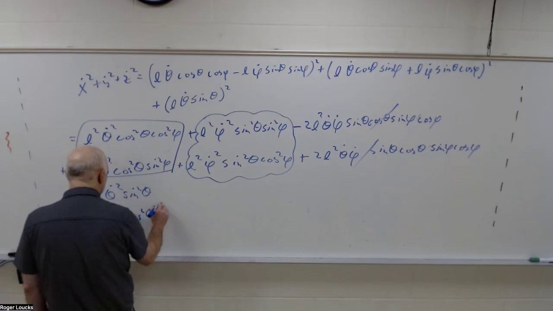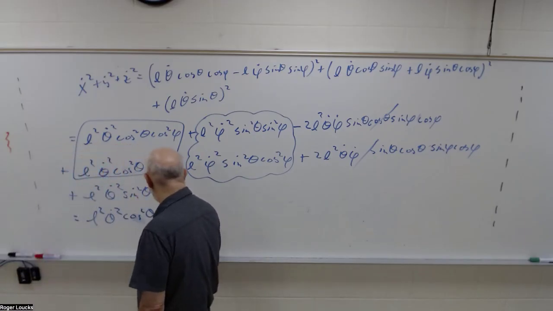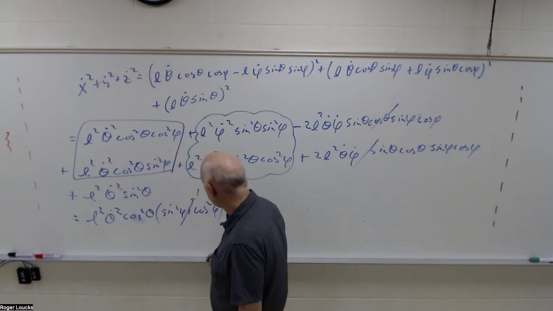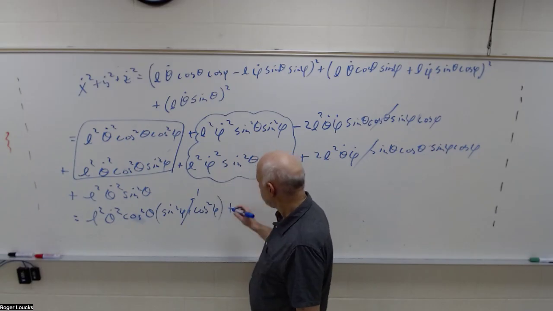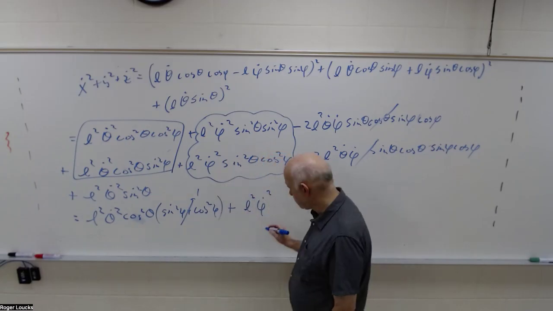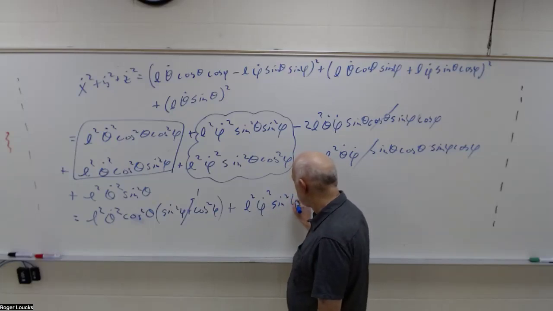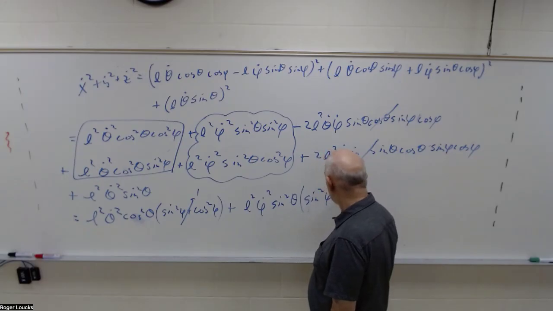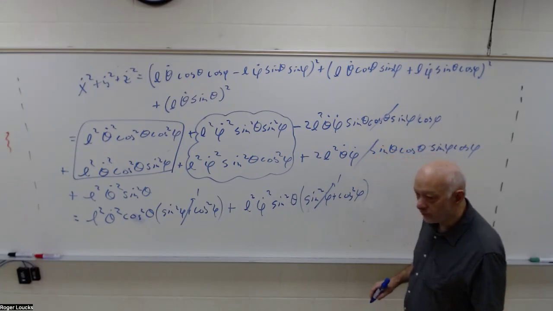Then that leaves me with cosine squared phi plus sine squared phi. Does that have another name? Then I can do this one, L squared phi dot squared sine squared theta, which leaves sine squared phi plus cosine squared phi. That equals one.